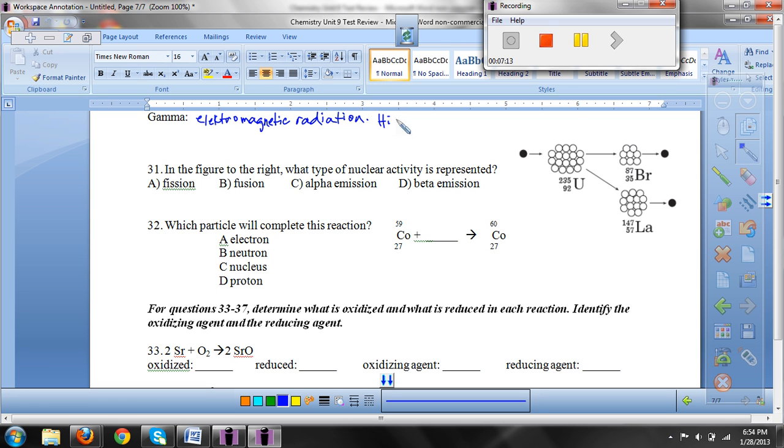High energy photons, so that's the highest energy of the three that we talked about, are emitted. There is no mass, and there is no charge. The symbol looks like that right there, something close to that.